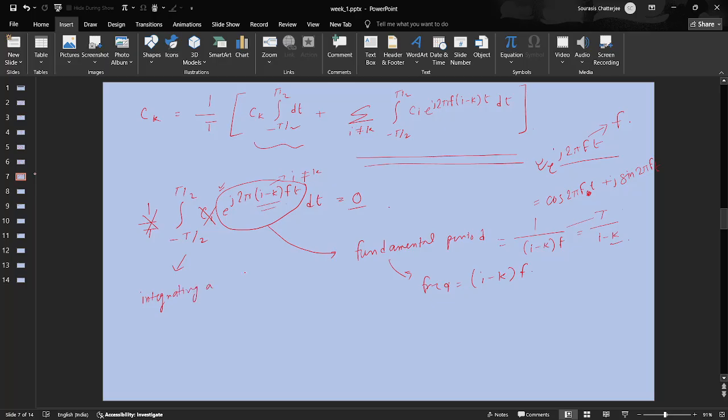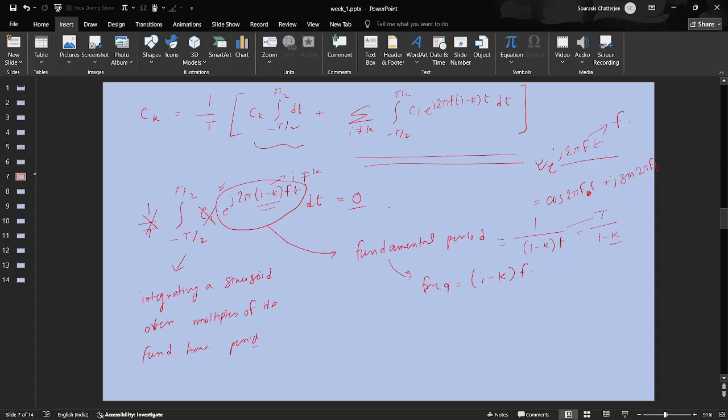integrating a sinusoid over multiples of its fundamental time period. So it's a sinusoid.